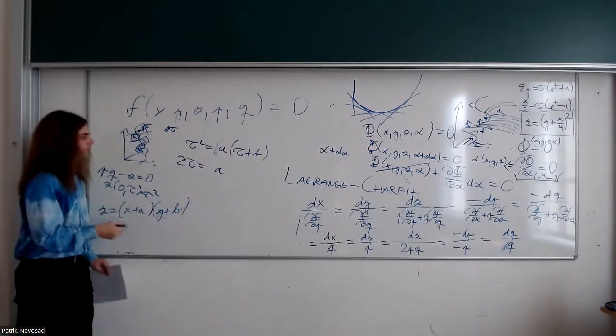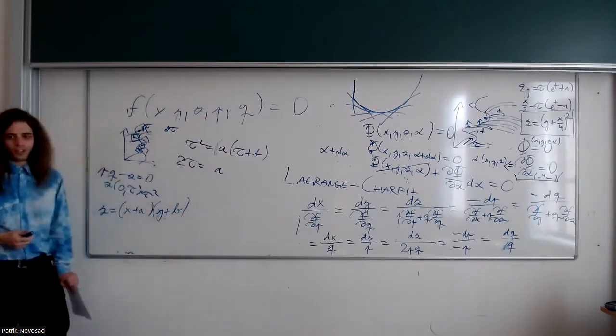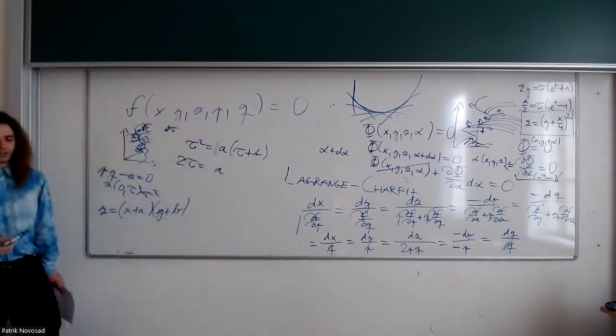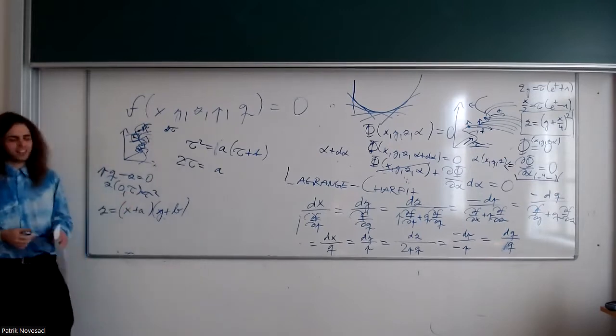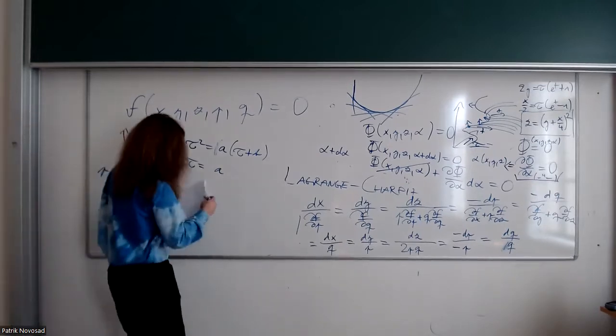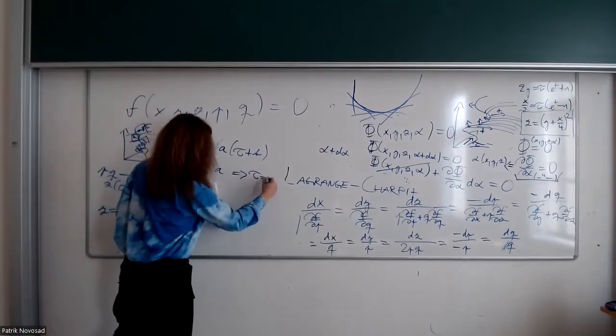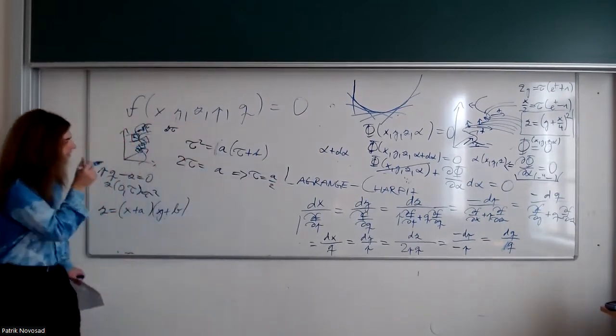And now we can use these two equations to obtain a relationship between B and A, because the tau can now be eliminated just by making sure that tau is A half.